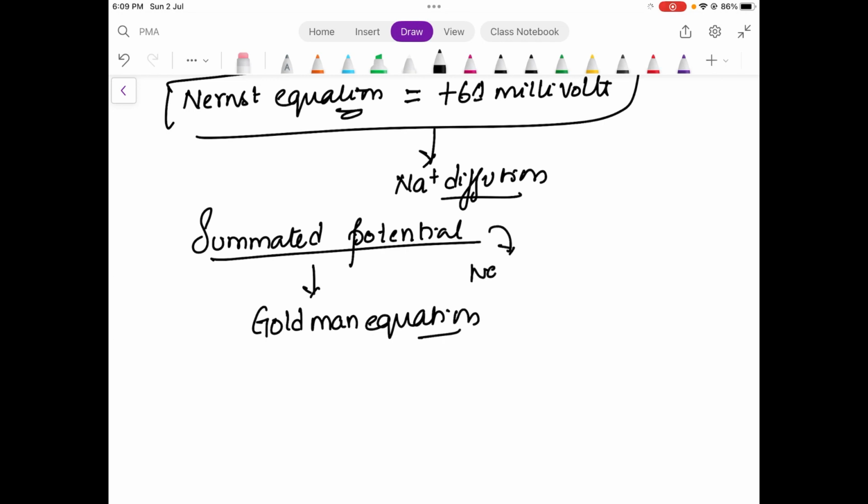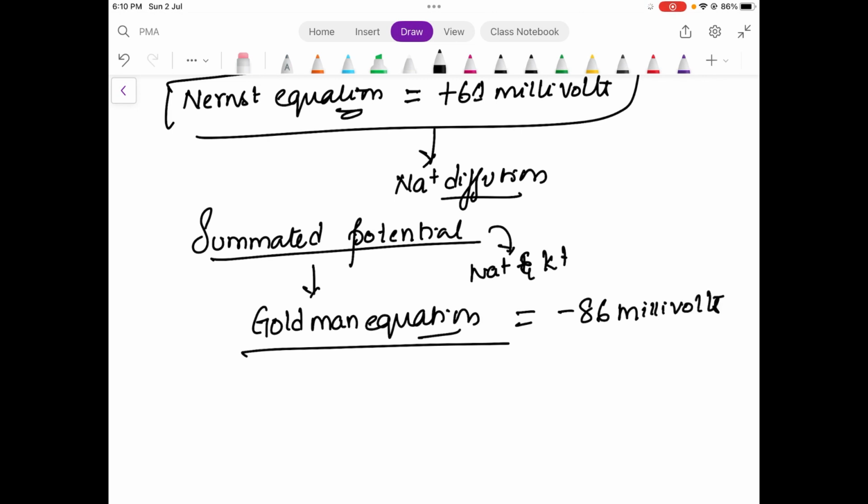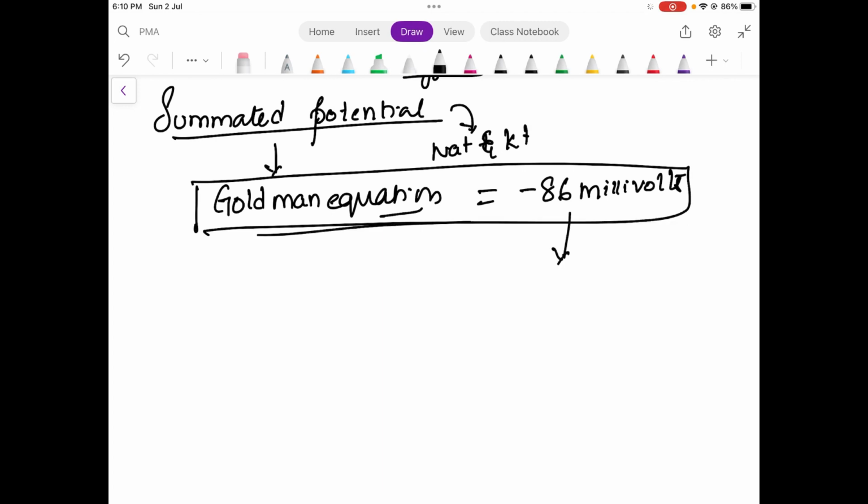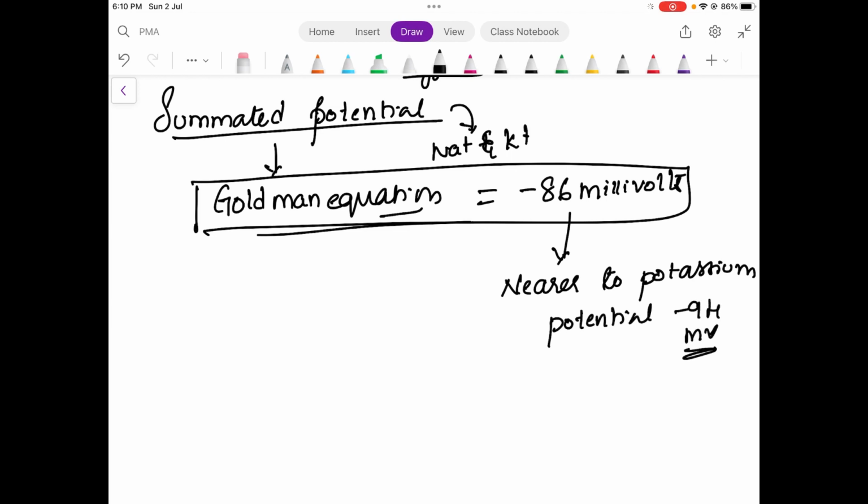We substitute the potentials from sodium and potassium in the Goldman equation, and we'll get a summated potential around minus 86 millivolts. And this minus 86 millivolts is nearer to the potassium potential, which is around minus 94 millivolts.